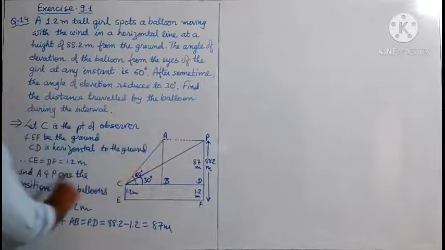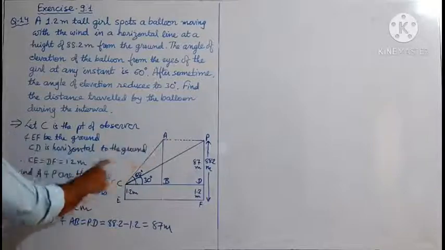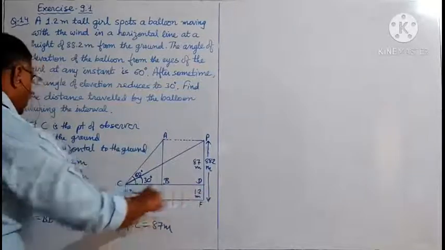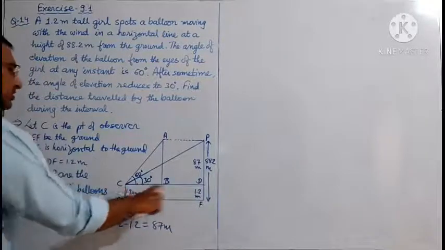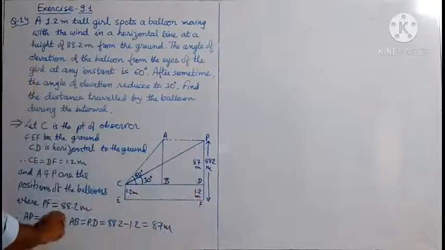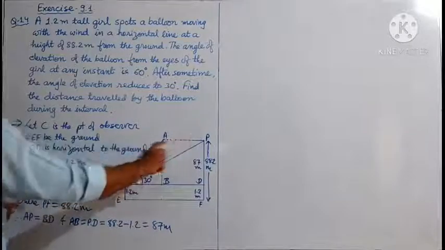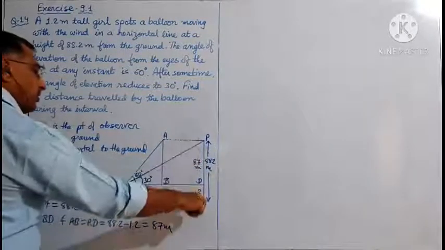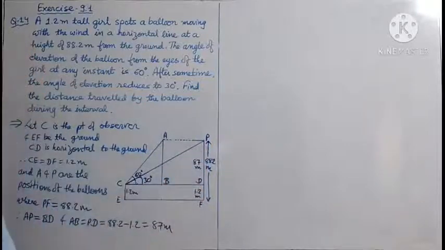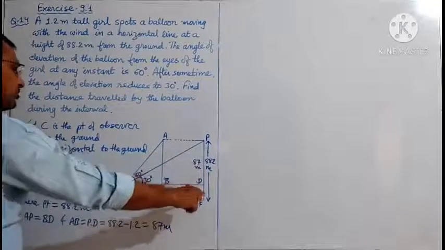Here A and P are the positions of the balloon. Now CD is a horizontal line to the ground EF. Therefore CE is equal to DF. Now here A and P are the positions of the balloon, where PF is the height of the balloon, 88.2 meter.